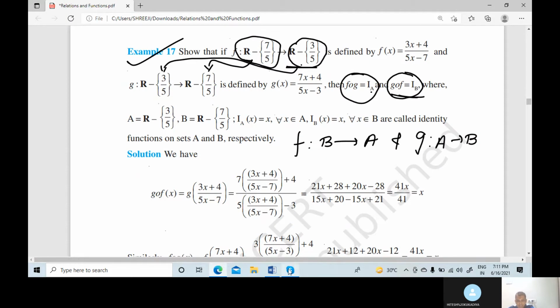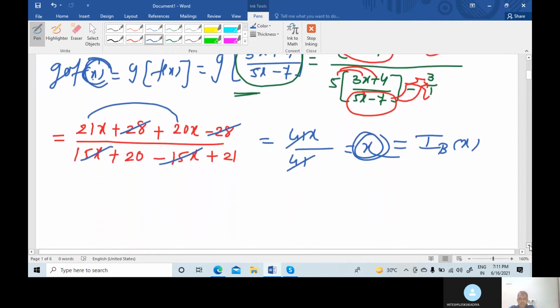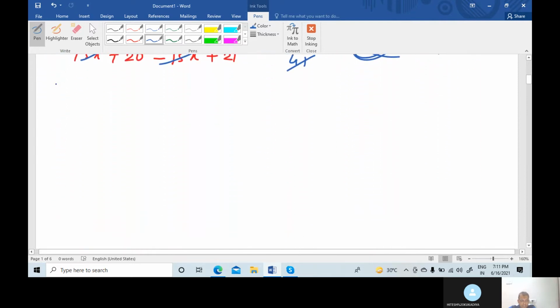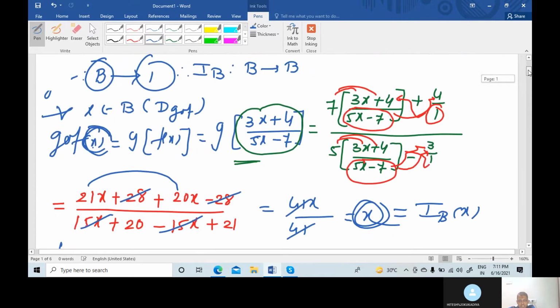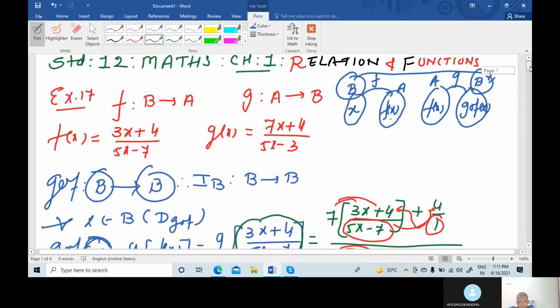Is that clear? Now we continue the discussion about FOG. So here is the concept of the FOG function. Again, repeat here, look at the GOF function. The concept of the GOF function is: we take the domain of the function f, and the codomain we take of the function g.